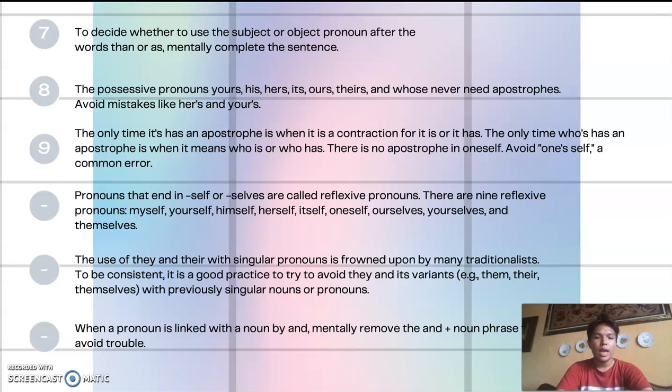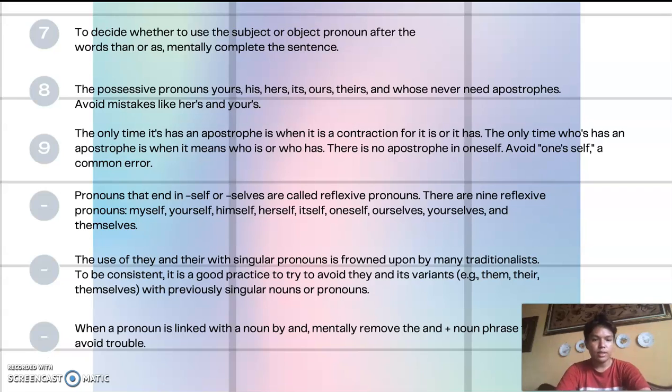Pronouns that end in self or selves are called reflexive pronouns. There are nine reflexive pronouns: myself, yourself, himself, itself, oneself, herself, ourselves, yourselves, and themselves. The use of they and their with singular pronouns is frowned upon by many traditionalists.